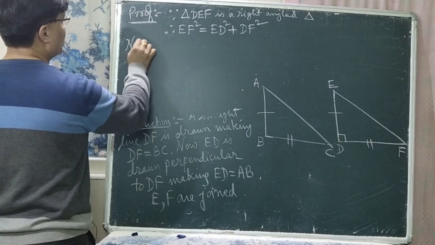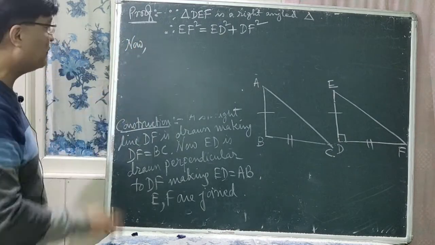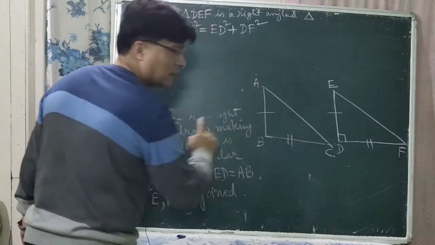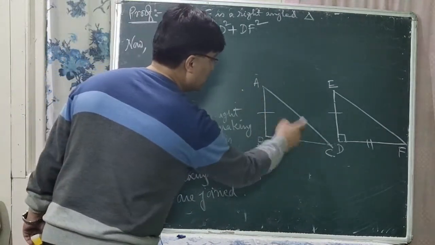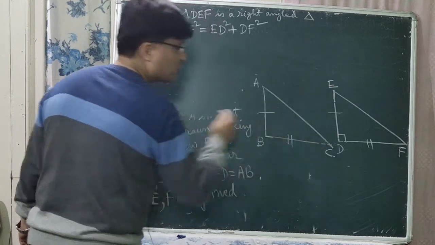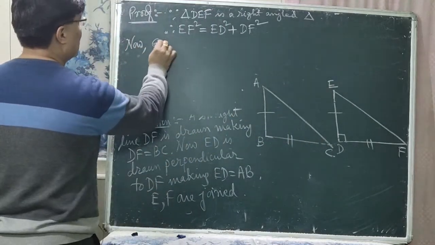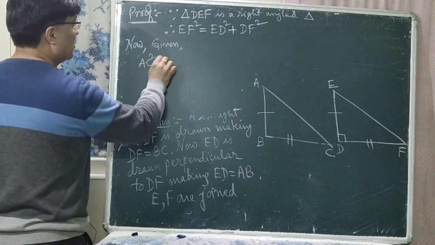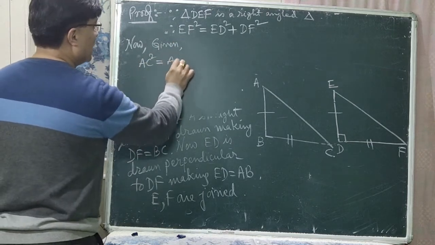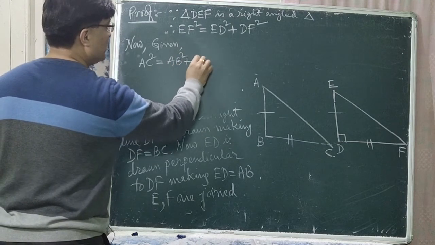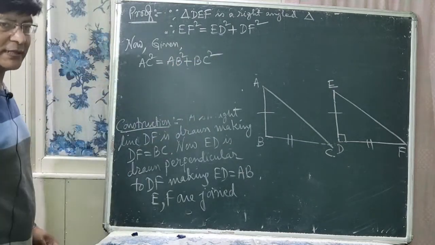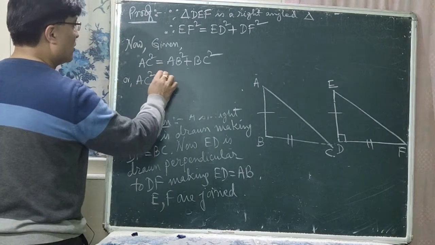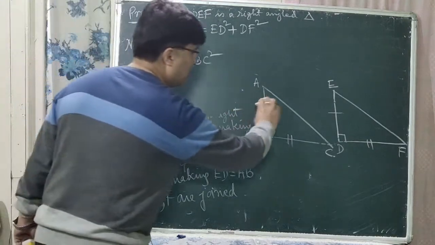So now what was given here? In triangle ABC, AC square is equal to AB square plus BC square. It was given that, isn't it? So AC square is equal to, now from the figure you can write that this AB is equal to ED.